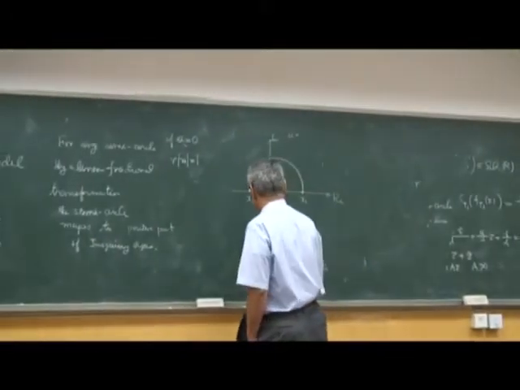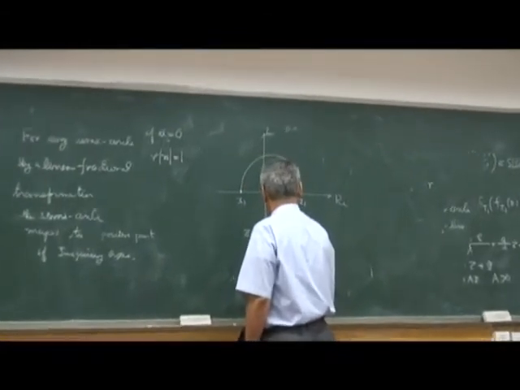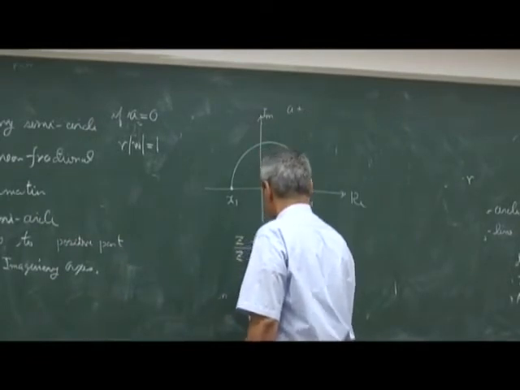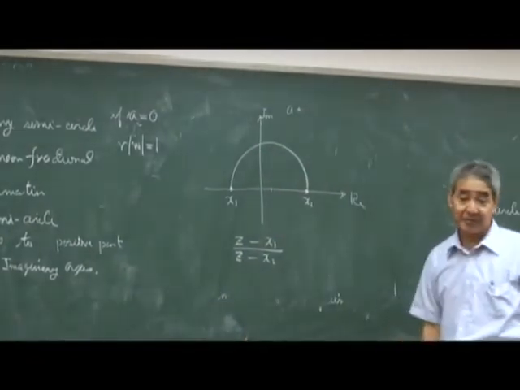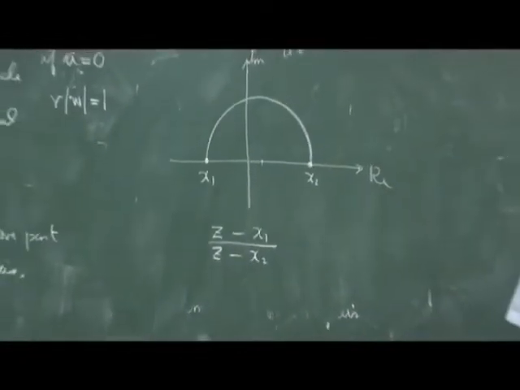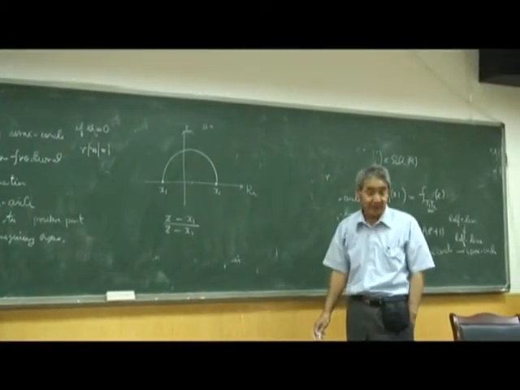x1 z minus x2. This is actually a linear fractional transformation. You can always write it using SL2 here.